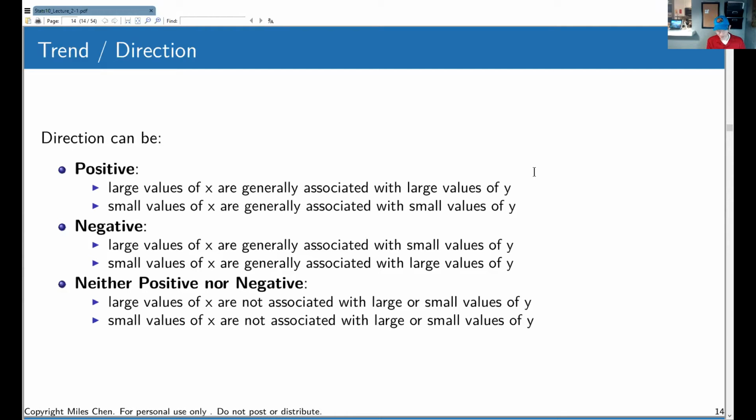So the age of marriage thing, if x and y are the average age of men's first marriage and average age of women's first marriage, the x and the y have a positive relationship. Okay. Negative is just kind of the opposite. Large values of x are associated with small values of y, and small values of x are generally associated with large values of y. And we'll have an example of that. And then you have neither positive nor negative, which is basically neither.